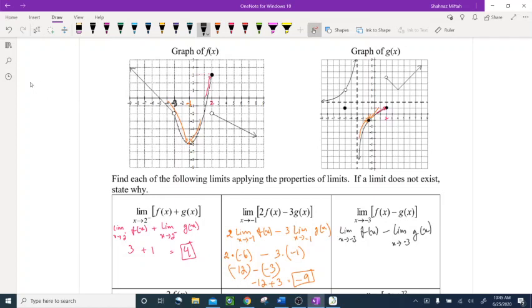If you still don't understand, just say it out loud: approaching the y value of whatever x you have. Like in this case, I have -3. So I'm approaching a y value of -3.